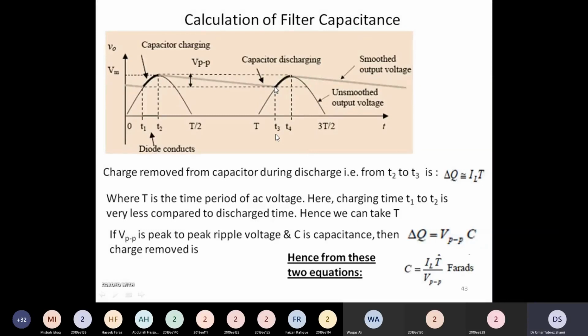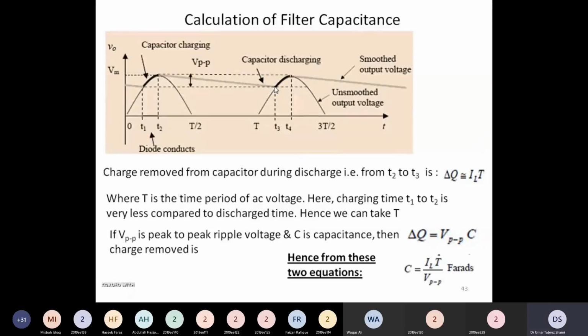At time t3, the input voltage becomes larger than the capacitor voltage. The diode becomes conductive, and again we see a rise in the output voltage. This is the time when the capacitor is charging and the load is being provided current from the power supply.